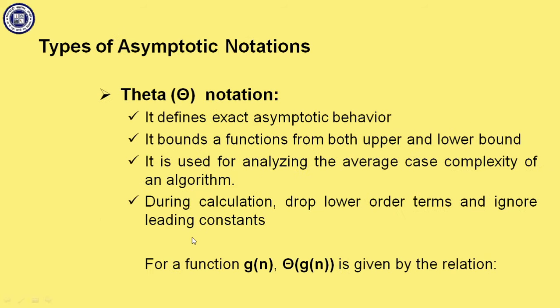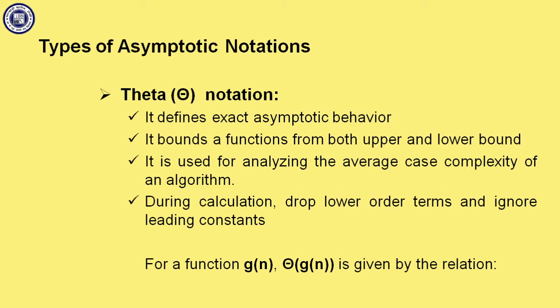Here the first thing is the theta notation. A theta notation defines exact asymptotic behavior. It bounds a function from both the upper as well as the lower bound. What do the upper and lower bound mean?